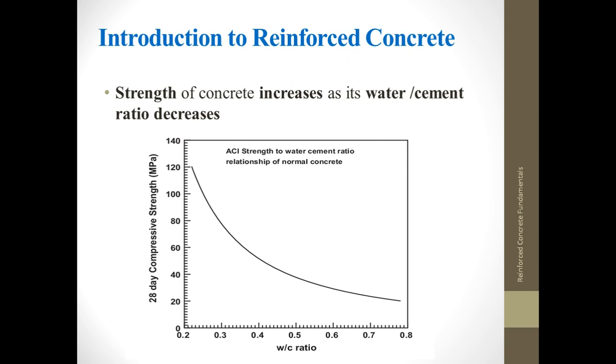Well, this plot shows the strength of concrete increases with decreasing water to cement ratio. However, we need to be careful about using very low water to cement ratios, since this might cause problems in the workability of the mix, as we have mentioned in the previous slides.